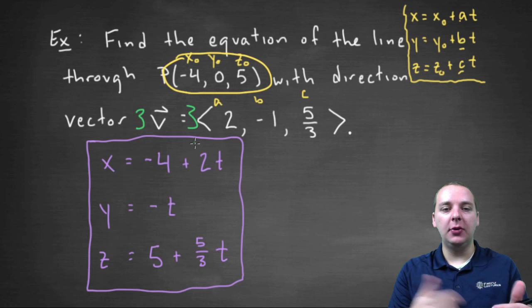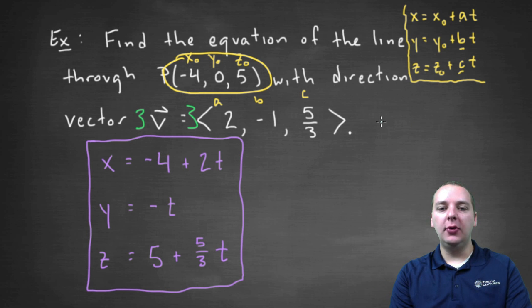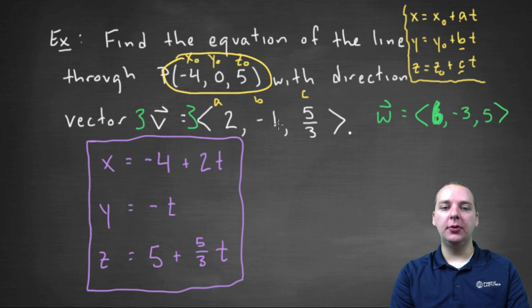It's still in the same direction. So if we called that new vector, I'll just make up a name, W, that'll be the vector 6, negative 3, 5. 3 times 2, 3 times negative 1, 3 times 5/3.